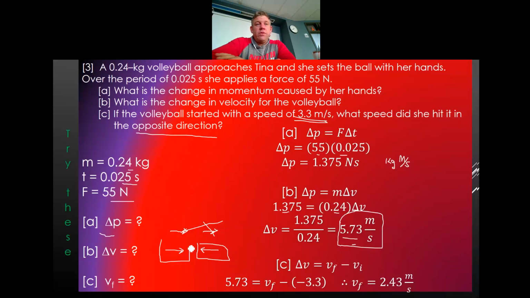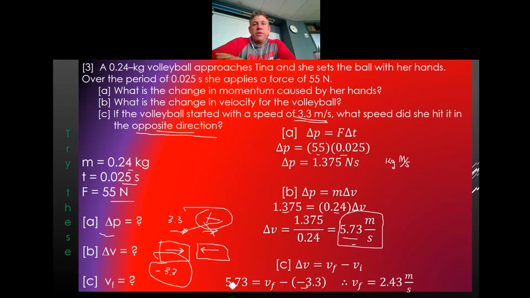So one of these two is going the opposite direction. What I did was I said, okay, if this is 3.3, that's my negative because that's going the wrong way, right? Up here, if this was my 3.3, then this number here would be a lot bigger, all right? But that's not the case because we said we want this thing in the opposite direction. So I made that negative, as you can see here, right?